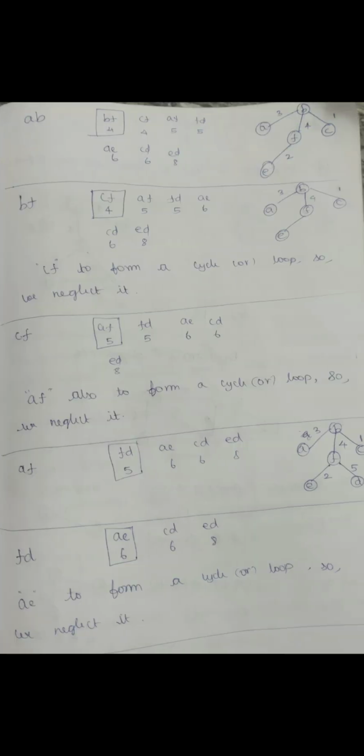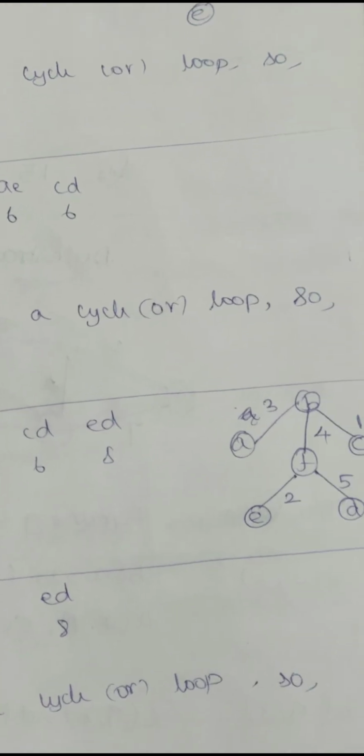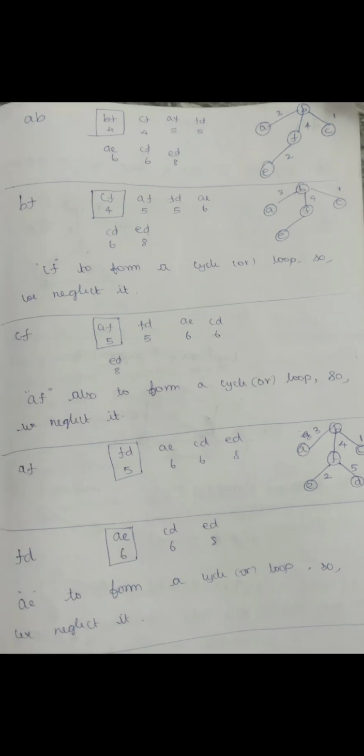After that, two edges are done. That's it. So we take CD now. CD contains a loop, so we neglect it. CD forms a cycle or loop, so we neglect it.